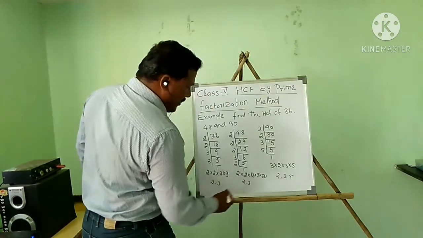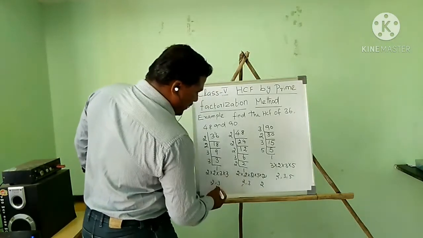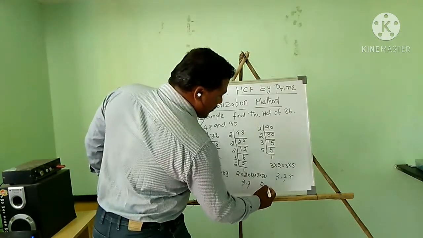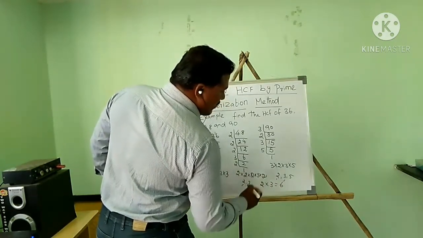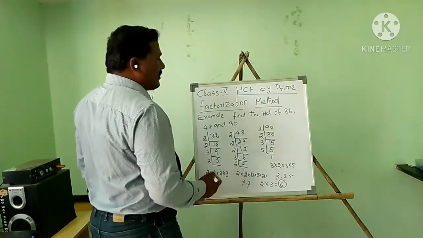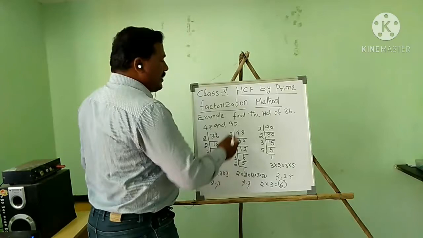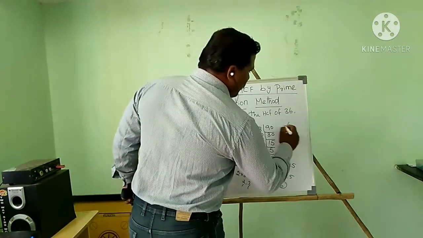So in these, 2 is common, and 3 is common. So 2 into 3 is equal to 6. So 6 is the highest common factor by using the prime factorization method. So 6 is the HCF.